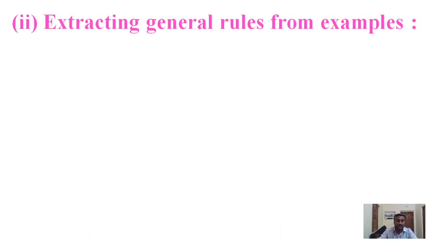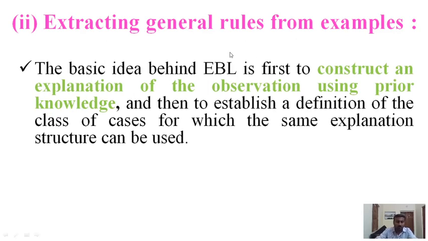Then come to the second point, extracting general rules from examples. Here some examples are taken, and from those examples we extract the general rules. How? Just go through it. The basic idea behind explanation based learning is, first, construct an explanation of the observation using prior knowledge.